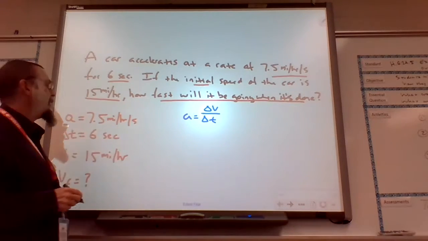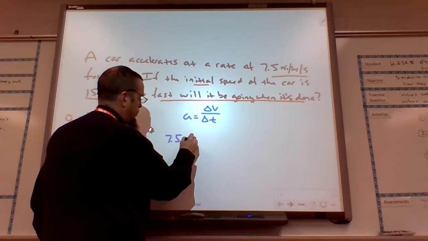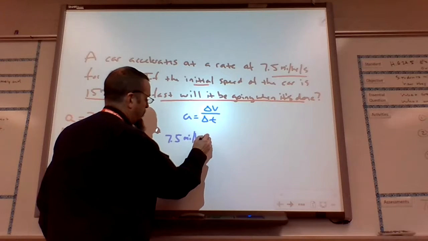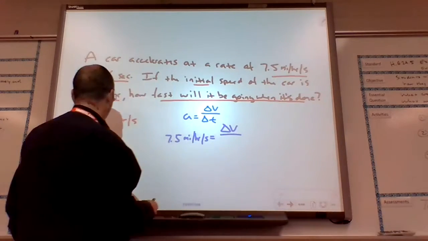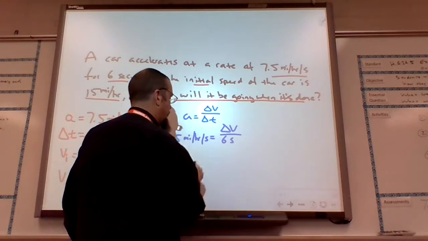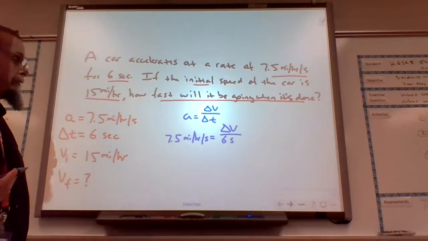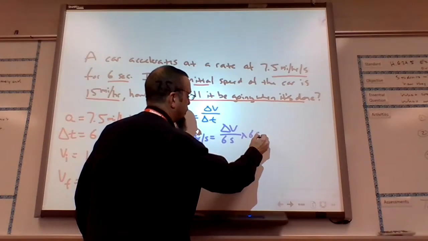So 7.5 miles per hour per second is equal to delta V over delta T, which is 6 seconds. Solve for delta V. Since we're dividing by 6 seconds, we'll multiply both sides by 6 seconds.